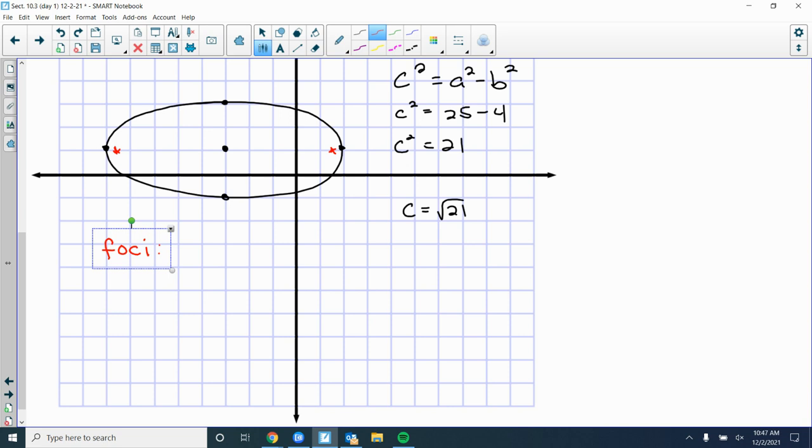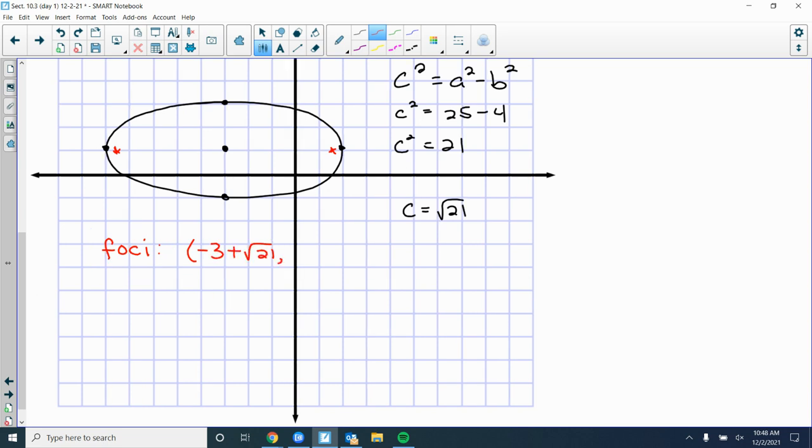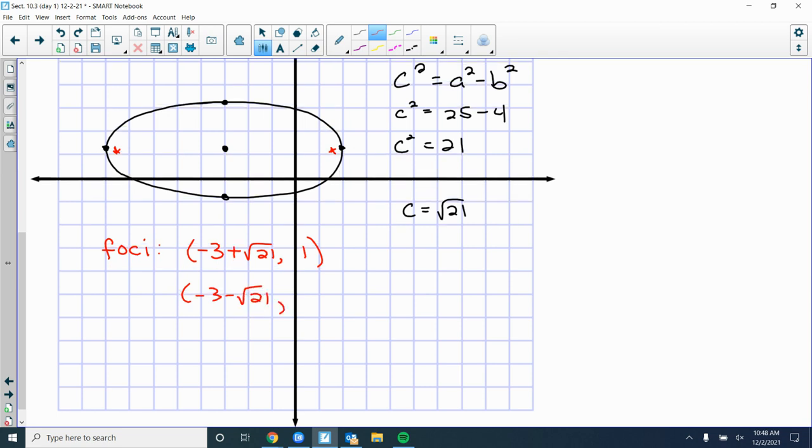Don't give me a decimal. To get the x coordinate, you're starting at negative 3 and adding square root of 21, and the y value is going to be 1. So you can write it like that, negative 3 plus square root of 21, comma 1. And then the second one would be negative 3 minus square root of 21, comma 1.